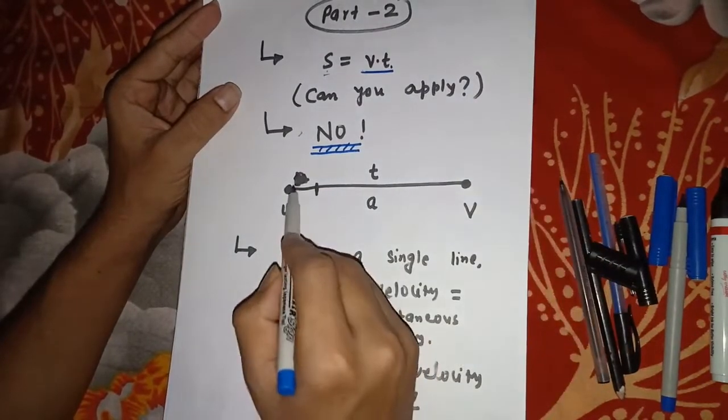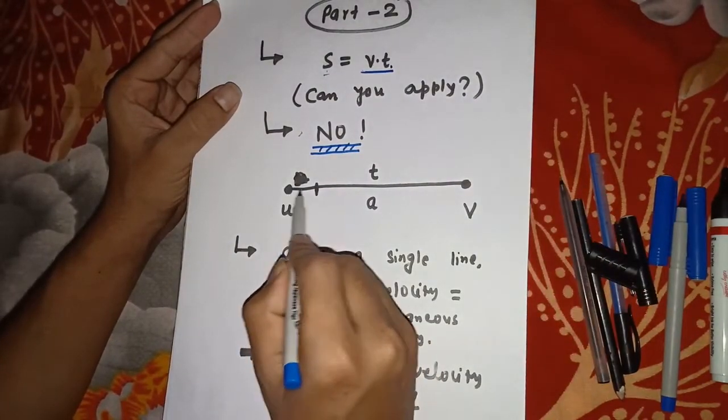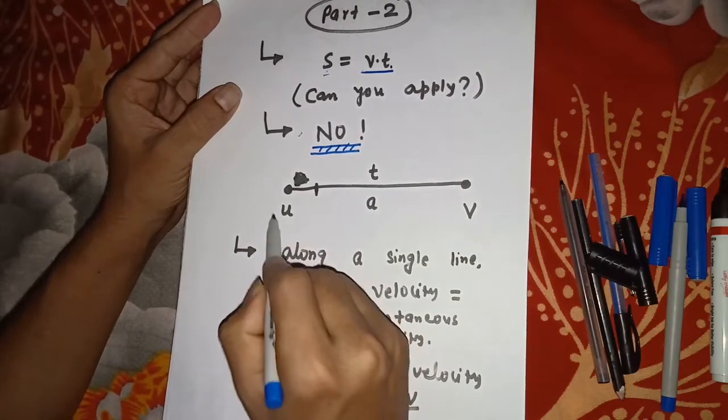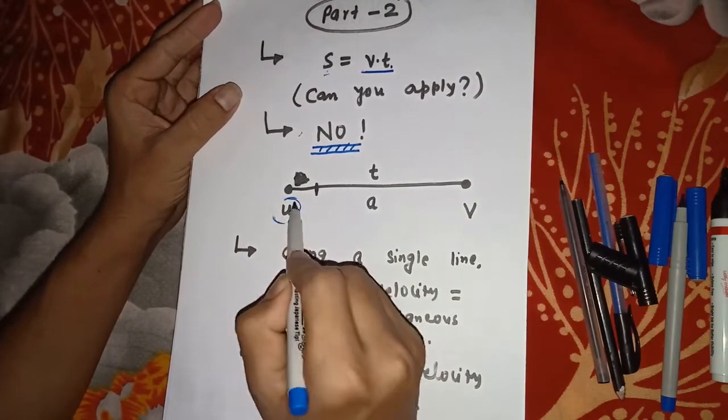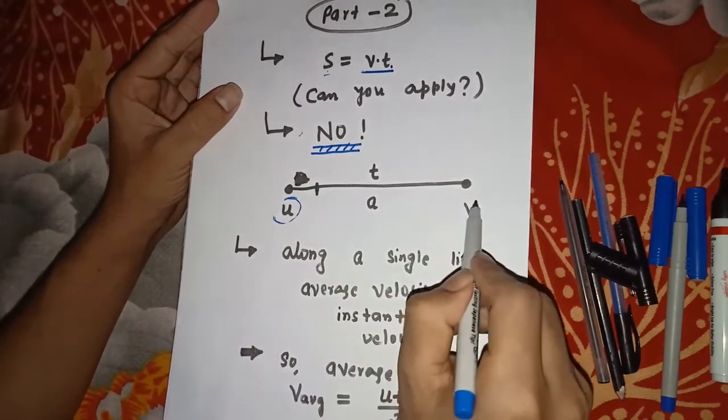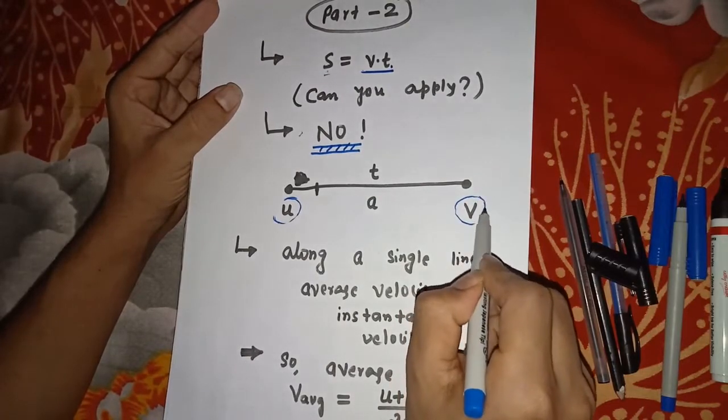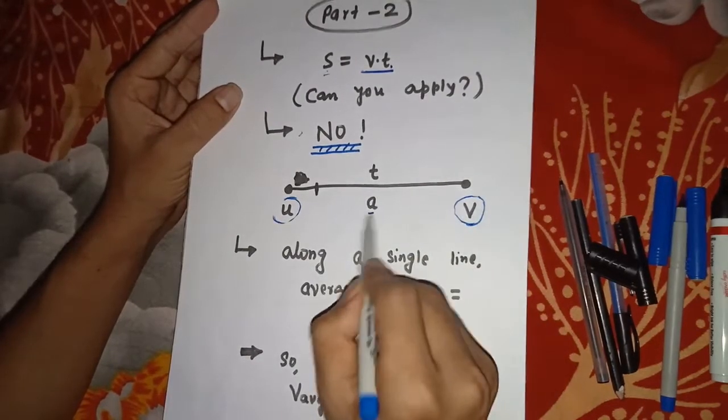Now I have already discussed that the initial speed is u, the final velocity after t seconds is v, and the rate is a times t.